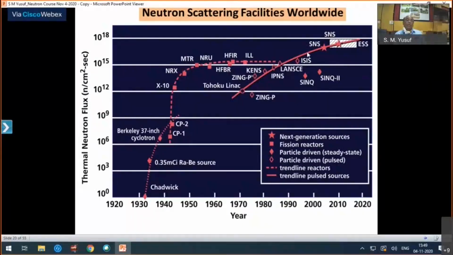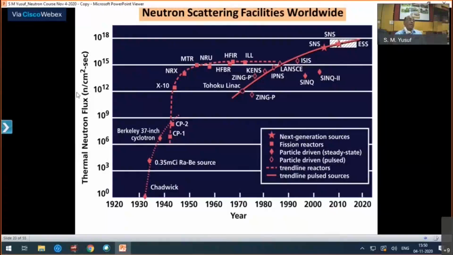A Chinese spallation neutron source is already giving the beam. This is ISIS, where India, through DST, has access to ISIS at Rutherford Appleton Laboratory, UK, and this is the SNS at Oak Ridge National Lab, and this is SINQ at PSI, and so on. So this is the kind of neutron flux we deal with.